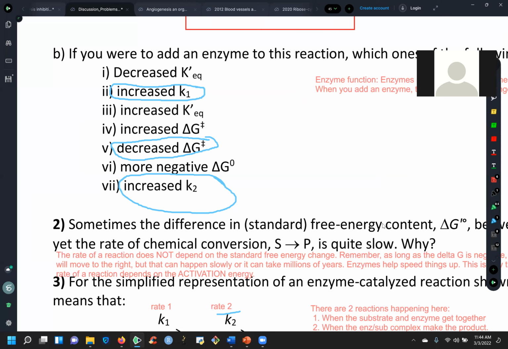Okay, so this just means increase reaction rate from enzyme plus substrate to enzyme substrate complex. Yeah, makes sense? Simple enough? Okay.